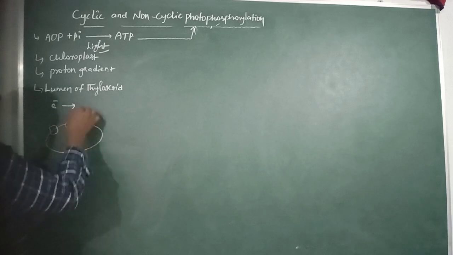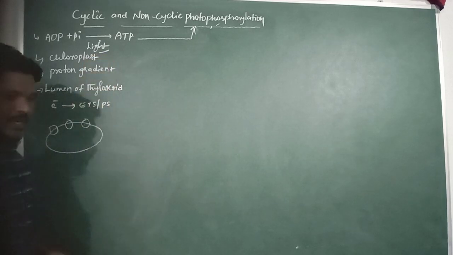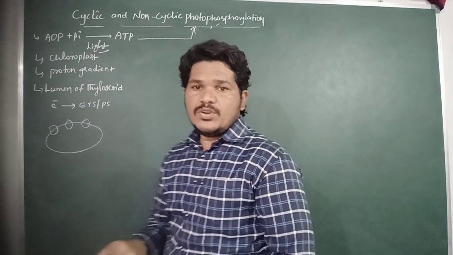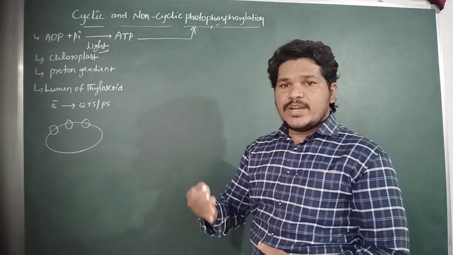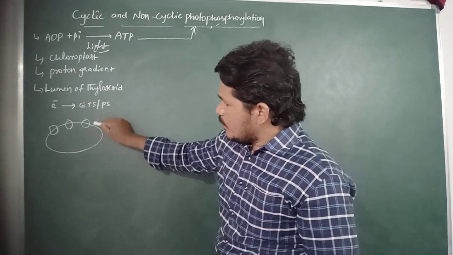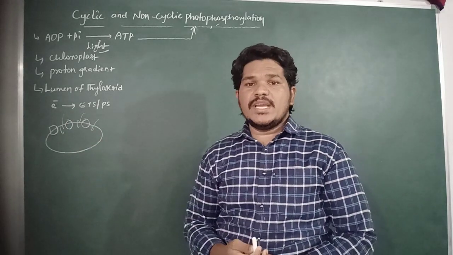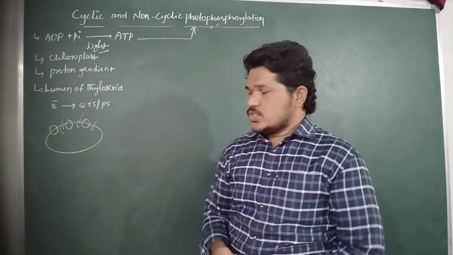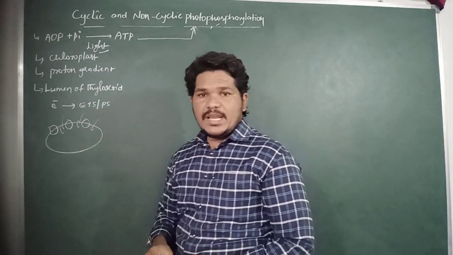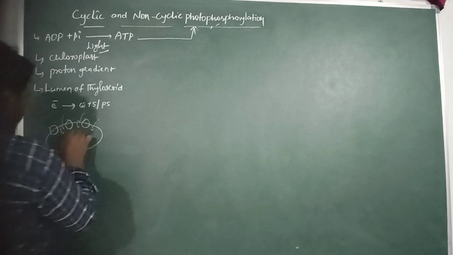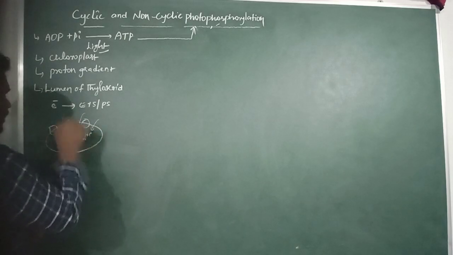Through the electron transport system or the photosystems, the electrons are transferred from one carrier to another, and during this transportation the protons are translocated from the stroma into the lumen of thylakoids. Then proton accumulation occurs highly in the lumen of thylakoids.